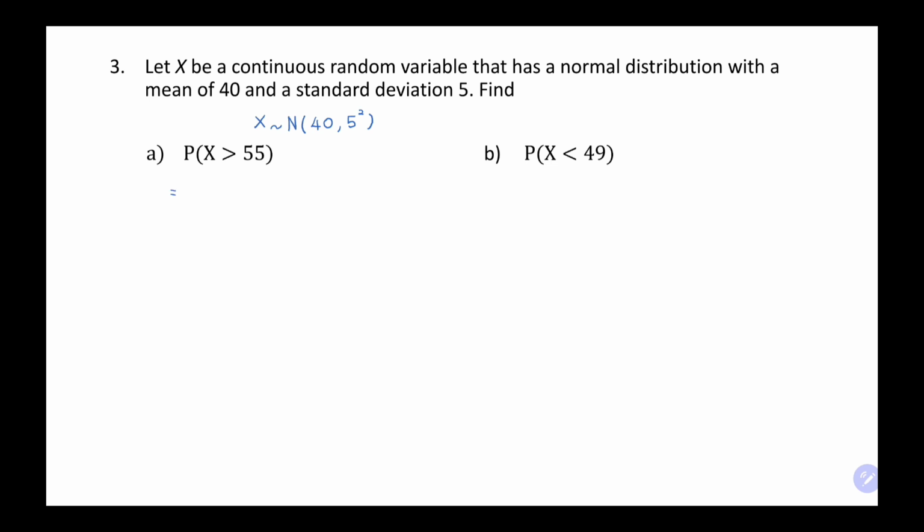So first step, we need to convert x into z, or we call it standardize. So standardize first, Z greater than (x minus mean) divided by standard deviation. Then we solve, we get Z greater than 3.